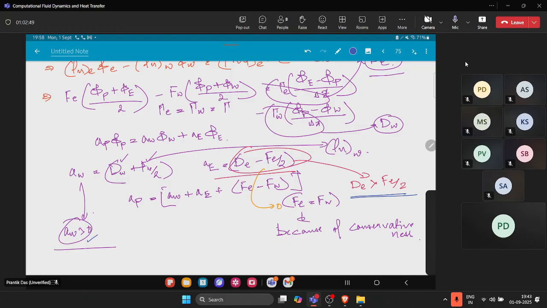So AW is by default positive. There is a certain condition I have to allow in order to make AE positive. Similarly, if AW and AE are positive, by default AP is positive. So DE should be greater than FE divided by 2. That means gamma E divided by delta X minus rho UE divided by 2 should be greater than 0.